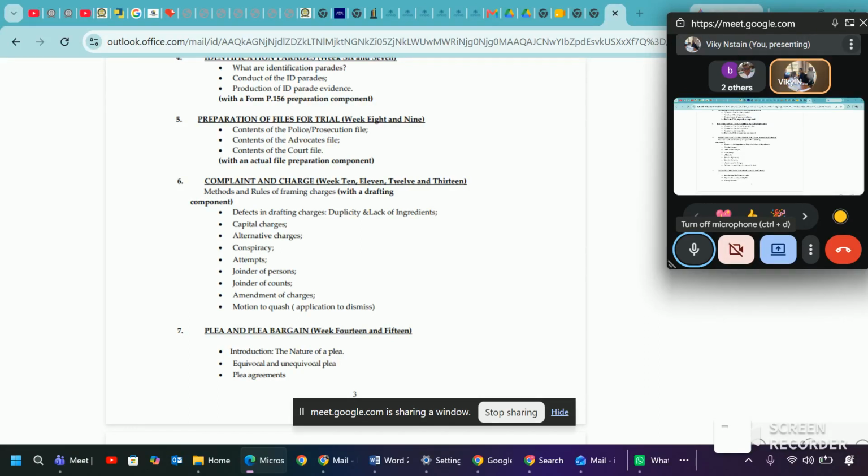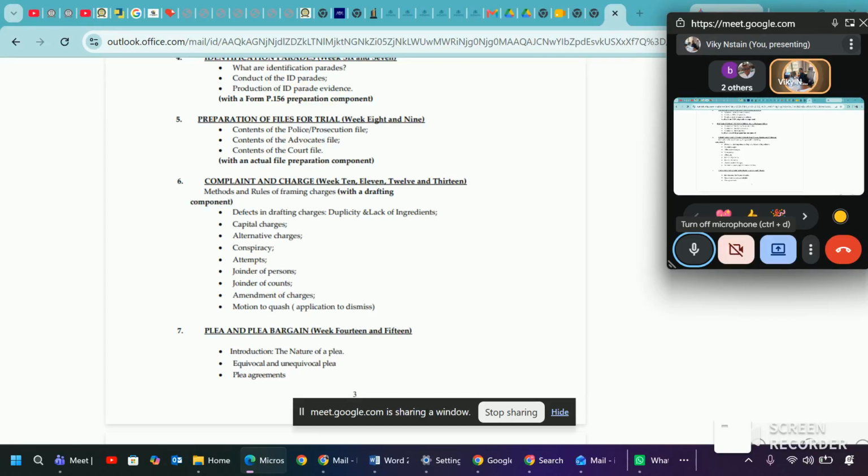So we'll have a look at a problem question where we are required to draft, and I'll make sure that all the components displayed before you are well captured. We'll have a problem situation where we have capital charge, alternative charge, conspiracy, attempts, joinder of persons, joinder of counts, amendment of charges in one problem question.